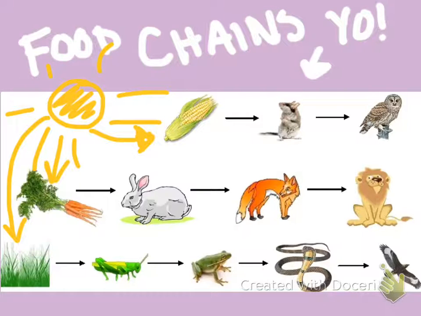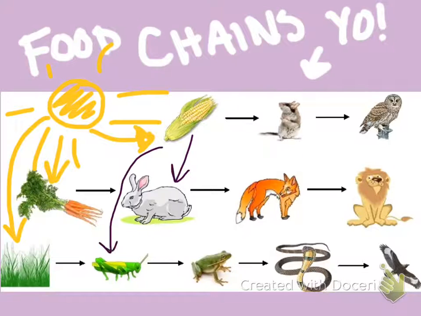A food web is made up of a bunch of food chains that are all interconnected. So I can make a food web out of these three food chains, right? The rabbit would probably eat corn if it got some. The grasshopper would probably also eat corn.